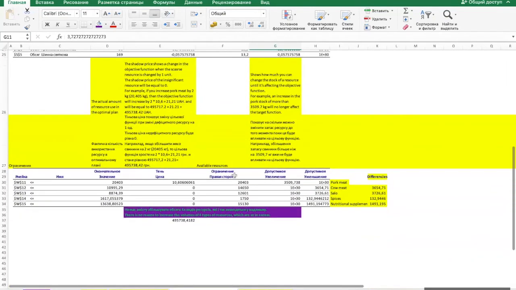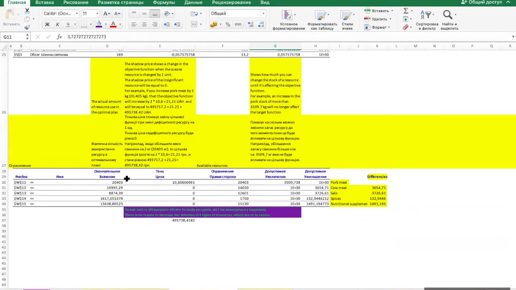And the last table in the analysis of sensitivity is about our resources. Again, we have the quantities of resources which we need to produce the optimal plan. So it is the actual amount of resources used in the optimal plan. The next column is our shadow price, and you can see that for our insignificant resources, the shadow price is equal to 0.